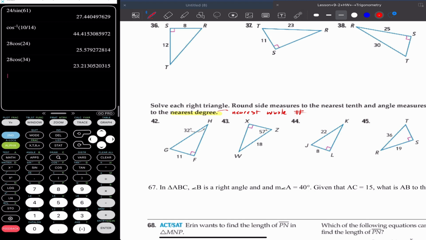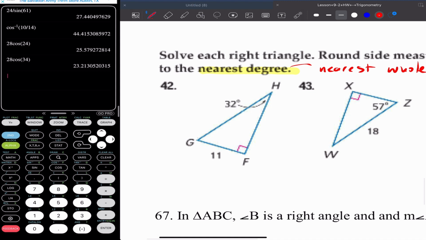I want to look at number 42. So, okay, you have 32, which is your angle of reference. I'm going to label, that's opposite. This is adjacent, and this is your hypotenuse.